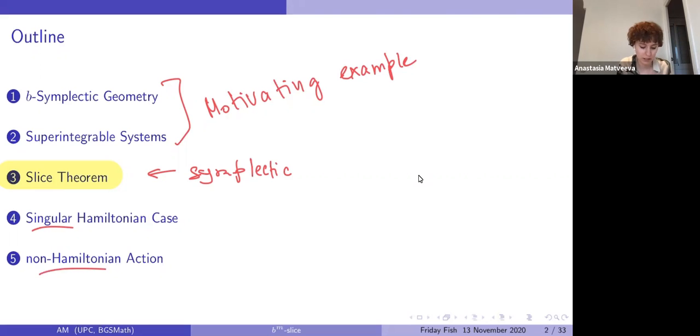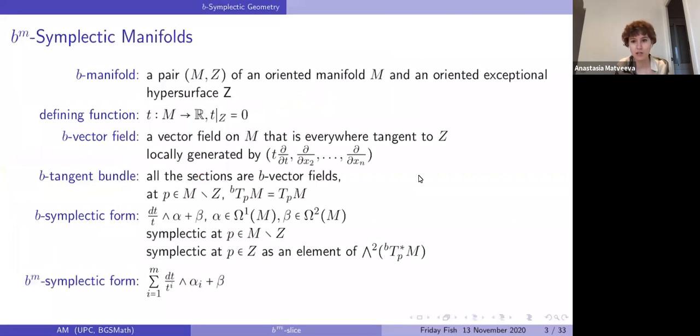Okay, so let's pass to the introduction to BM symplectic geometry. Probably many of you know that B here stands for boundary, and sometimes B-symplectic is referred to as log symplectic. So let's start with B without M for now. We call a B-manifold an oriented manifold with an oriented exceptional hypersurface.